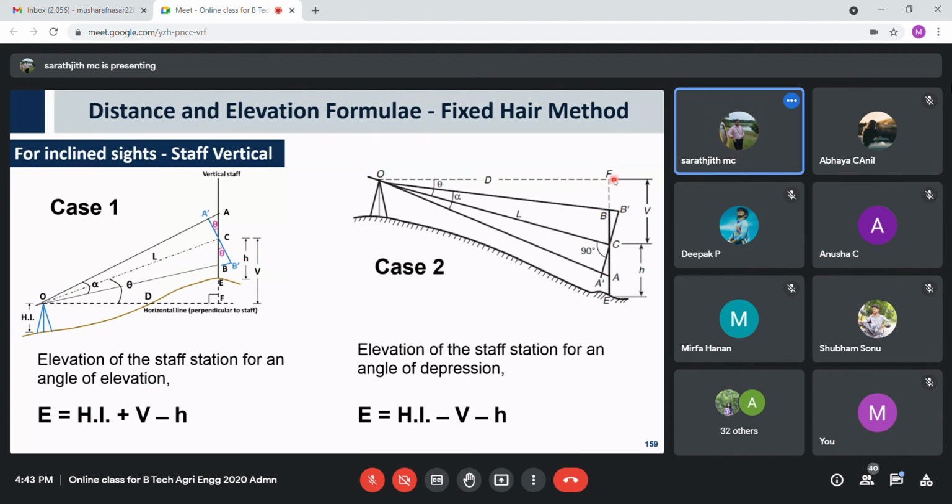From here you have to subtract vertical intercept and H. Then you will be getting elevation at E. Is that clear? If it is the case of depression, you have to subtract both V and H from the height of the instrument. Can you figure out the difference in the elevation equation in these two cases?